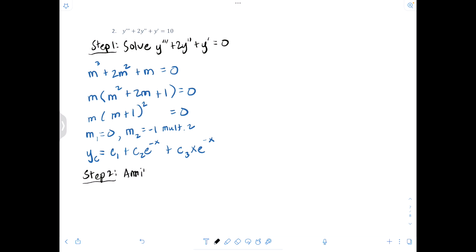All right, step 2. Annihilate. L at y equal to g at x. Okay, again, we just have a constant, okay? So D is going to be the annihilator. So you'll have D cubed plus 2D squared plus D equal to 10.